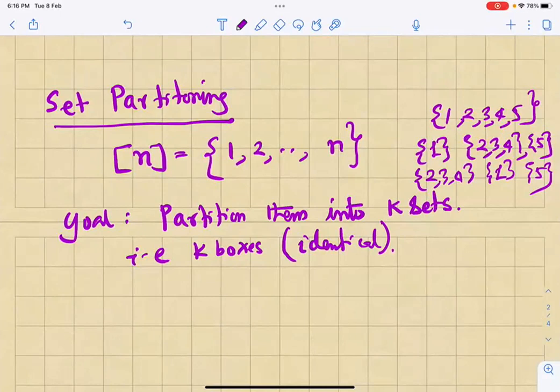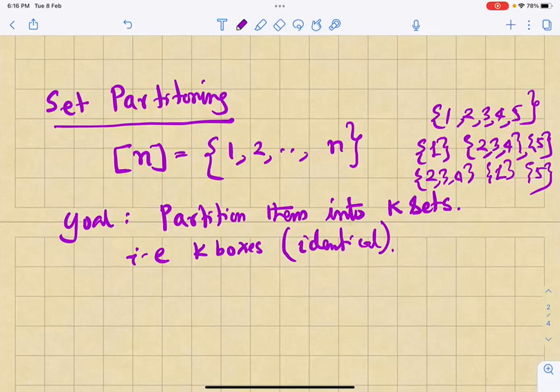You want to count the number of partitions? Yes, sir. But just to alert you, there is no closed form known for this problem. This number does not have a nice form. It has a big long expression, but nobody knows a very cute closed form of it.